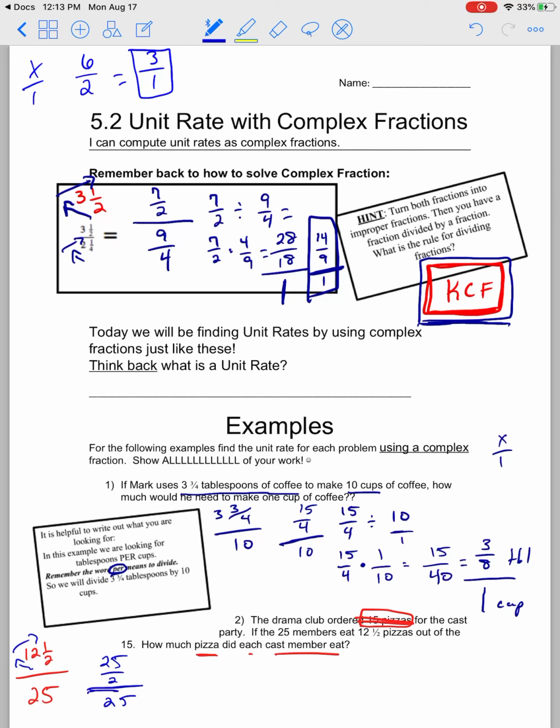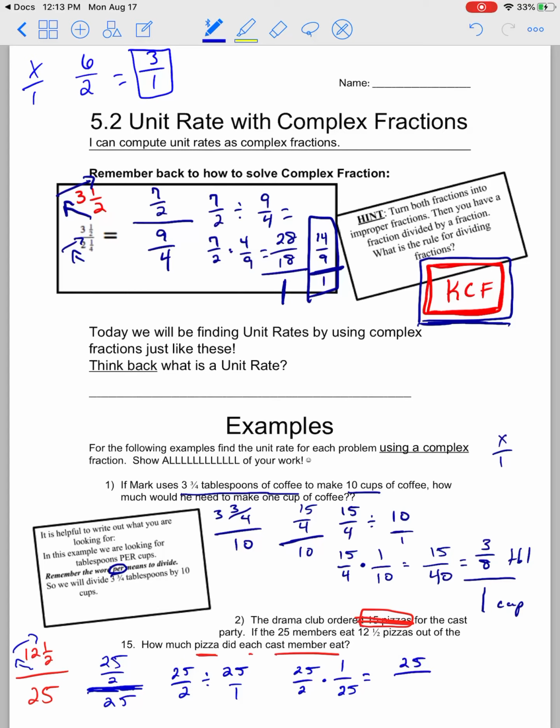Now remember, this big fraction bar is nothing but division, so let's rewrite it. 25 over 2 divided by 25. You're going to keep, change, flip, and remember that whole number is over a 1. So now you have 25 over 2 times 1 over 25. Now you just multiply.